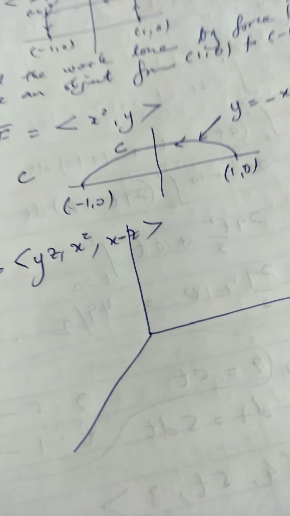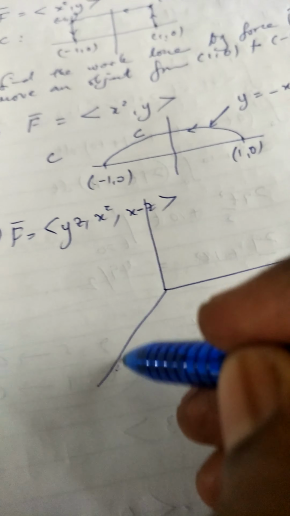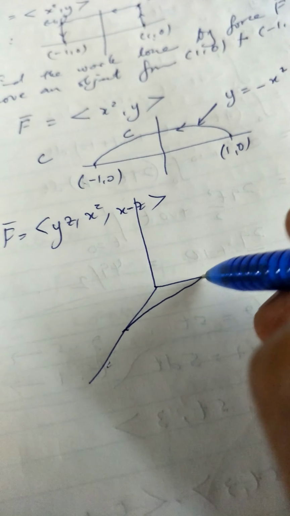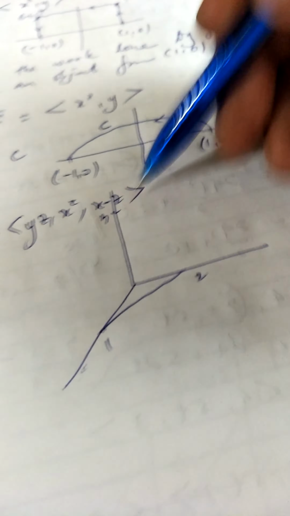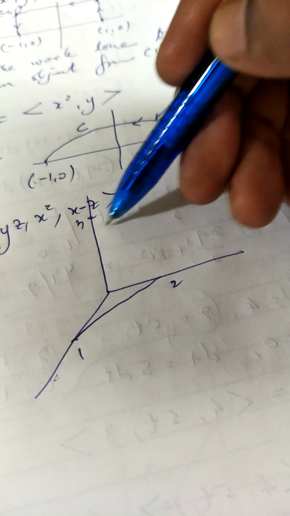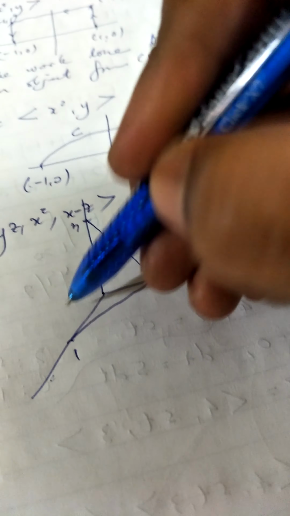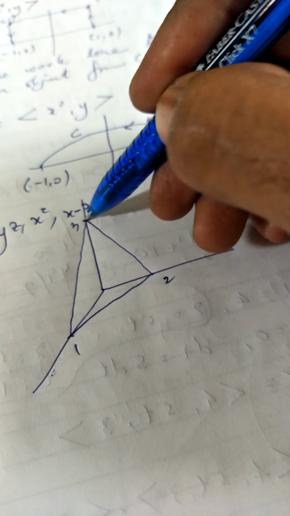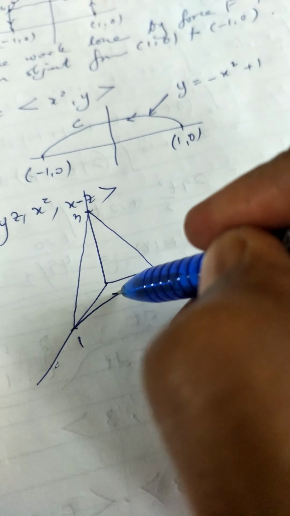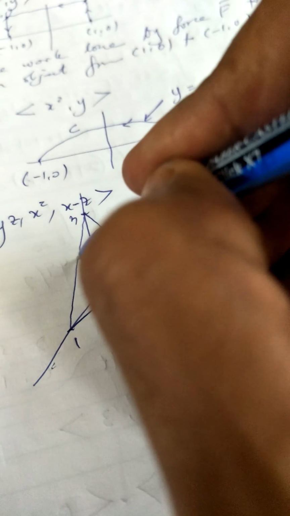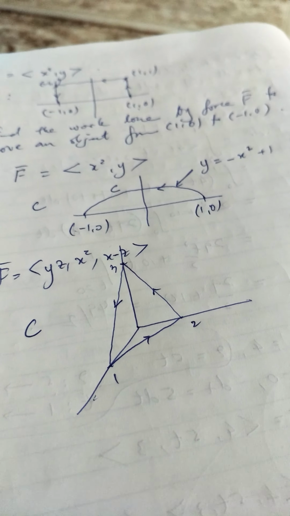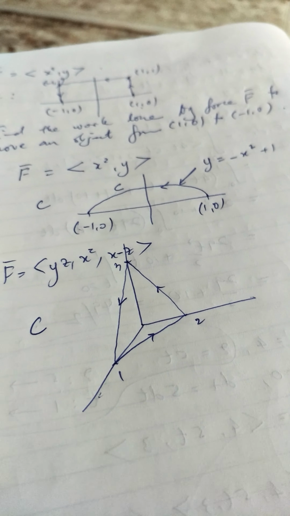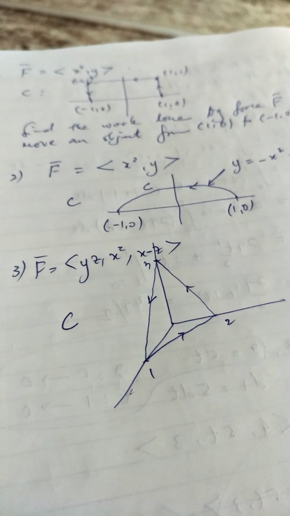So your c is given as like this, 1 2 3. Alright, so this is your c. That your c, given as that. I think you can do this.